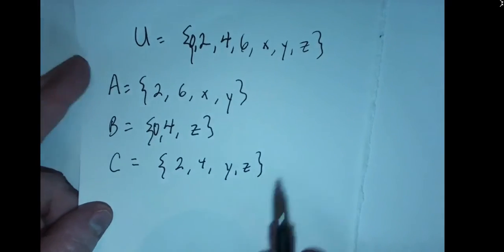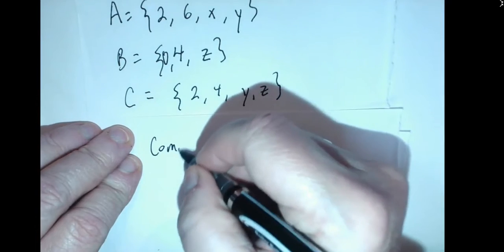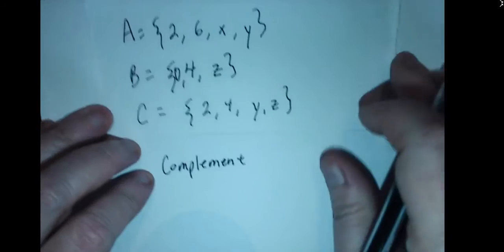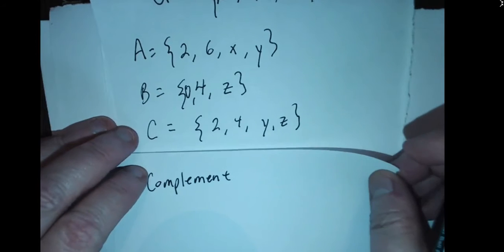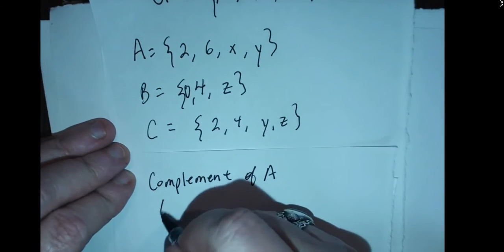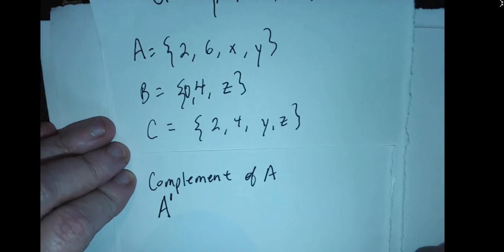If you want to do the complement, there's a lot of different ways that books have of writing this. The textbook that I'm teaching out of right now writes the complement of A like this.